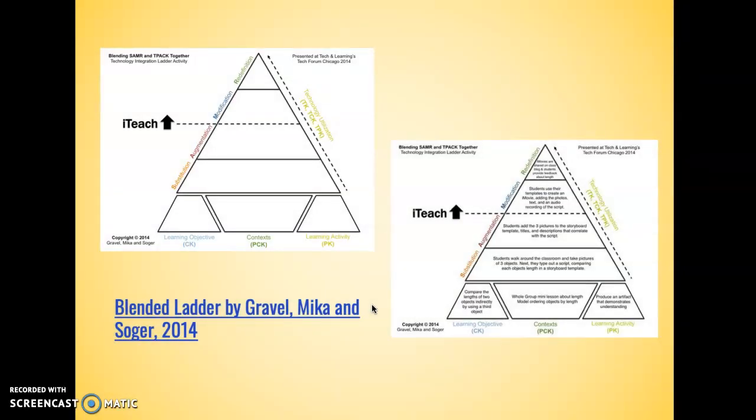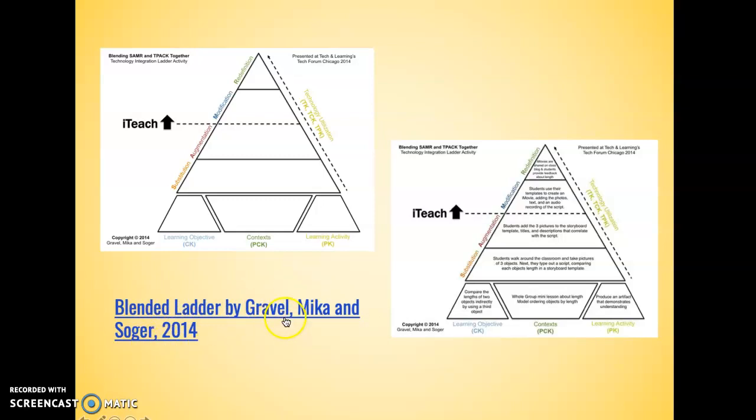Now, there are fewer versions of the TPACK model than there are of the SAMR model. However, there are a few, and many of them combine SAMR and TPACK together. And this is a blended ladder. It's done by 3 teachers, Gravel, Mika, and Soger, and this note here will link you to their blog spot.